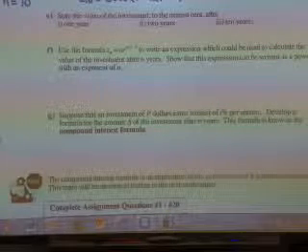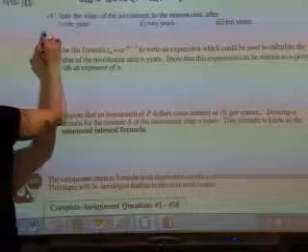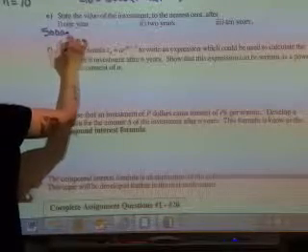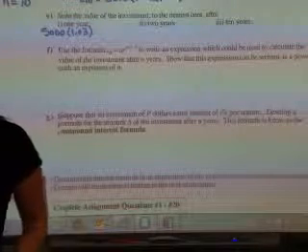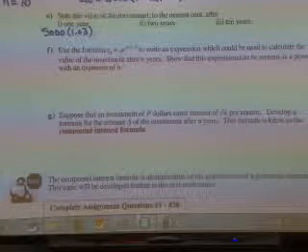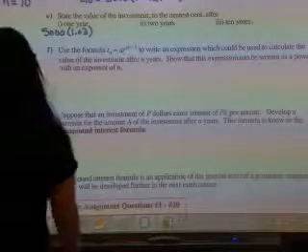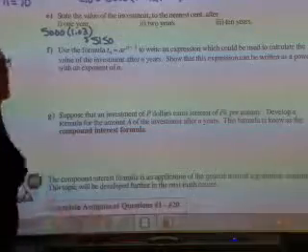So question E says state the value of the investment after the first year, after the second year, and then after the 10 years. So after the first year, we just take it from what we had above. If I take 5,000 and multiply it by 1.03, what do I get? Okay.